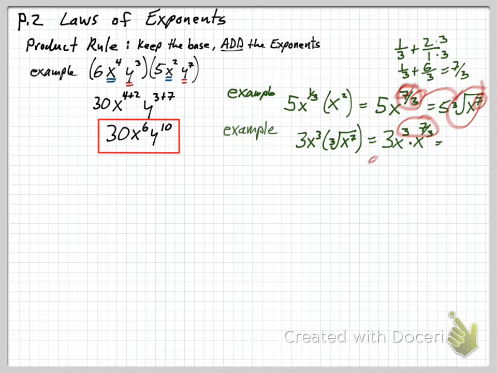So what is that going to be? That's going to be 9/3. That's the same as 3. So the 9 and the 7 will add together to give us 16/3. And that will be our final answer.